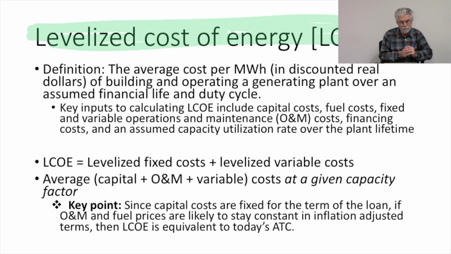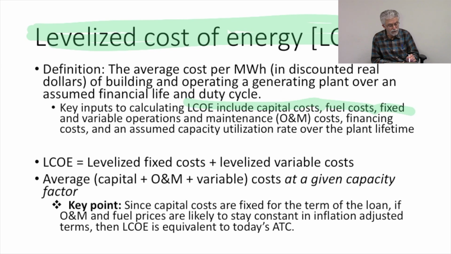So what kind of things go into calculating the levelized cost of energy? Well, I need to know what my monthly payment is going to be, what my total cost of the capital cost of building and financing the power plant. Then I have fuel costs for running the power plant, my variable costs.